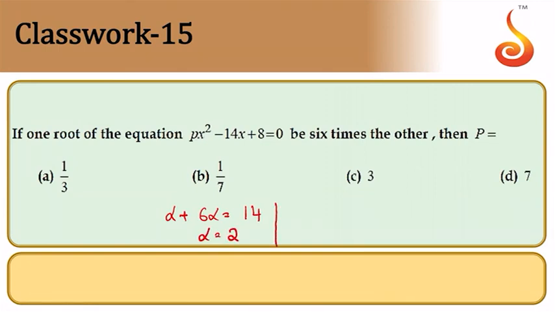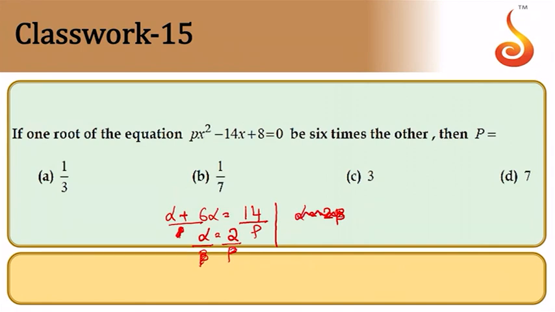Example 5. If one root is 6 times the other, then alpha plus 6 alpha equals the sum of roots. Sum of roots is minus b by a, which is 14 by p.